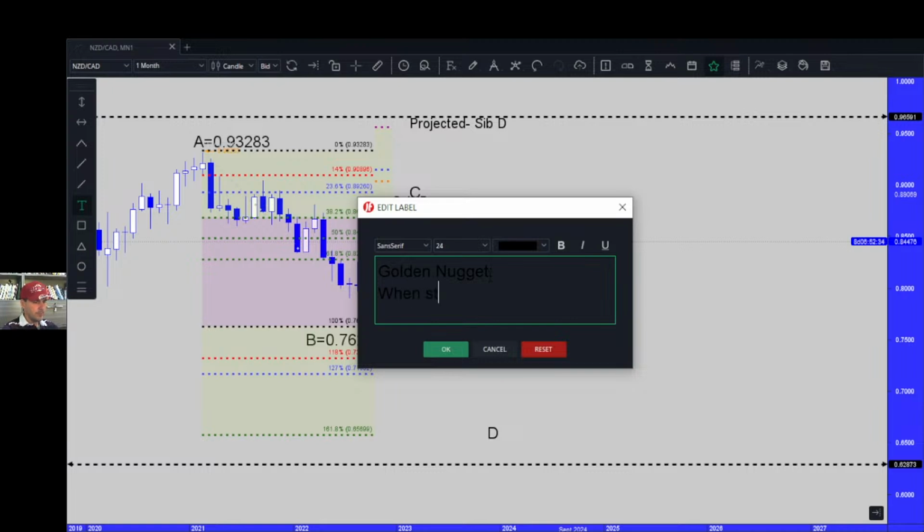When analyzing, or studying, the Fibonacci, don't confuse the Fibonacci direction with the short-term trends.